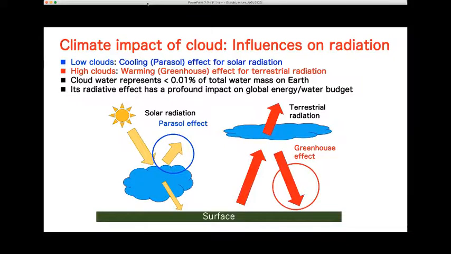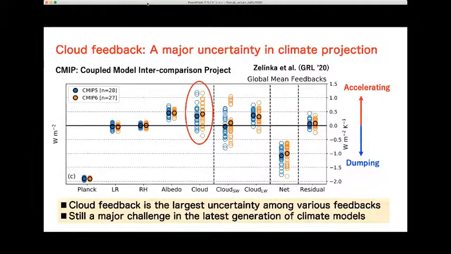And such a difficulty is represented by the well-known problem of the cloud-climate feedback. That means that it is still pretty much unknown if the clouds are accelerating or damping the global climate change, for example, global warming induced by the greenhouse gas emissions.